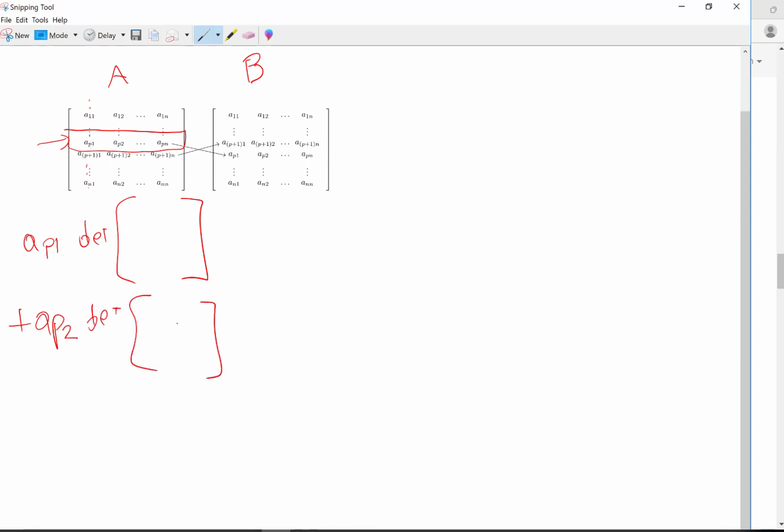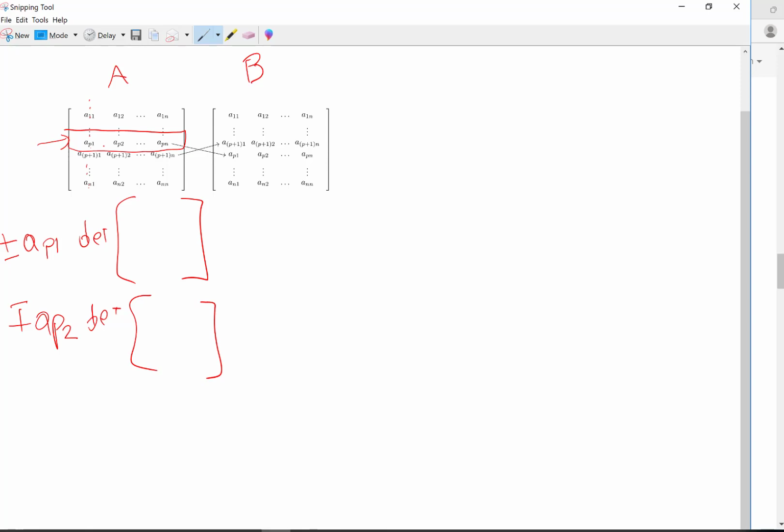And again, you eliminate the row and column that P2 are in, and you have some matrix. I guess I should say that this is plus or minus. It really depends on the checkerboard pattern and what row P really is. But then this one is minus or plus, because whatever that is, that one's the opposite, right? Because of the checkerboard pattern.